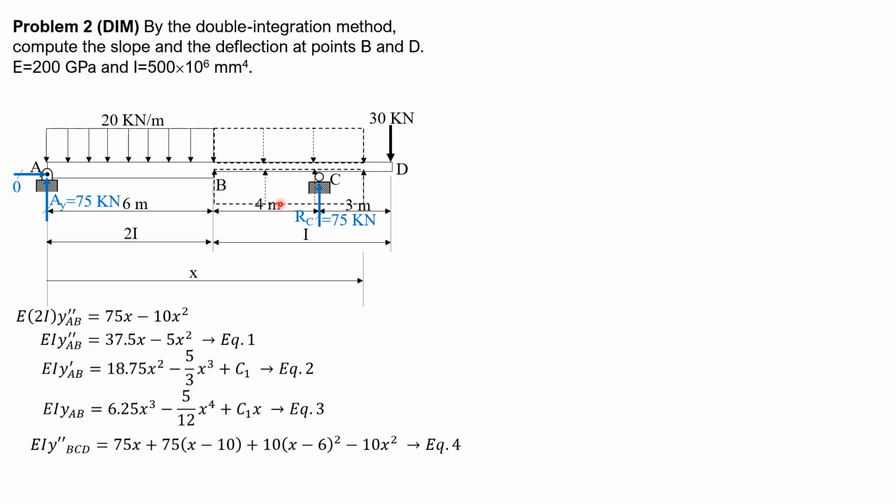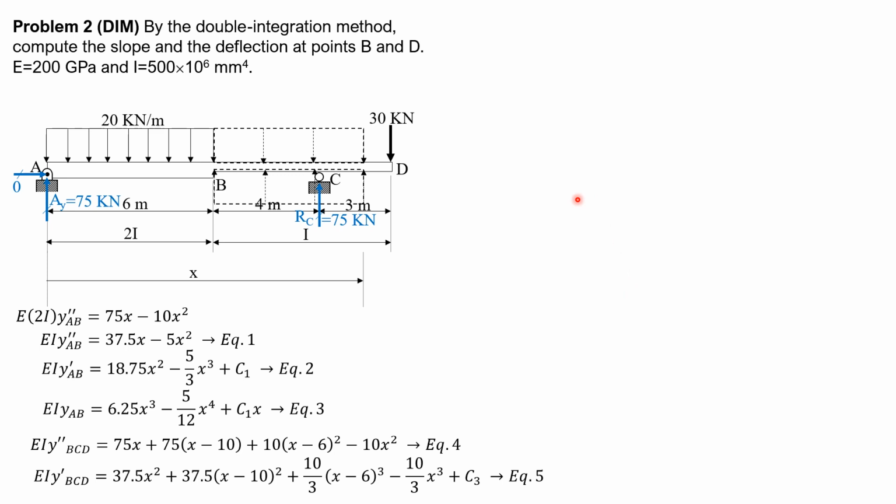This is x minus 10, moment arm x minus 10 over 2. So that gives us 10 quantity x minus 6 squared. Then minus 10x squared. The other minus 10x squared is 20 times x over 2. So integrating, we have 37.5x squared plus 37.5 quantity x minus 10 squared plus 10 thirds quantity x minus 6 cubed minus 10 thirds x cubed plus c sub 3.